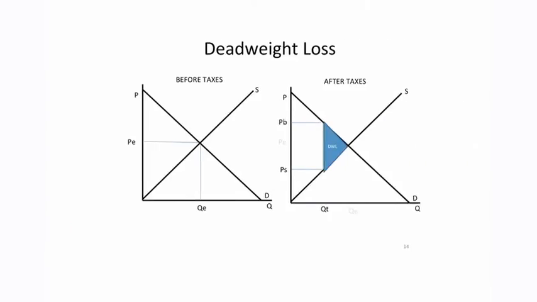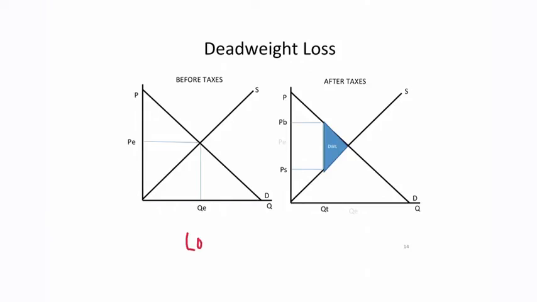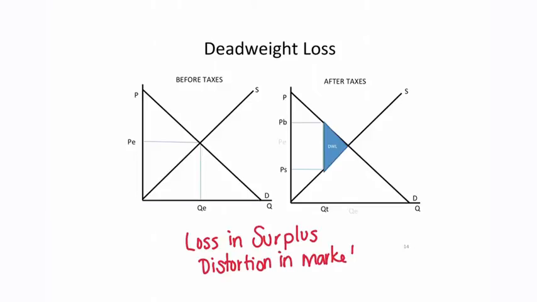Now, we have one more area that we're missing, and that's what we call deadweight loss. And deadweight loss is going to be the loss in surplus to society when there's a distortion in the market. And this distortion specifically comes from the fact that we can't reach the equilibrium point. So before the tax, no distortions in the market. We can reach the equilibrium with no problem.